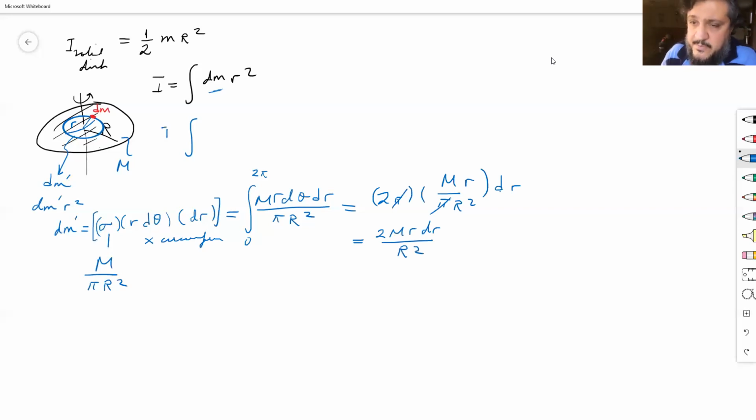So the moment of inertia is then found by taking into account all these concentric rings around the rotational axis.